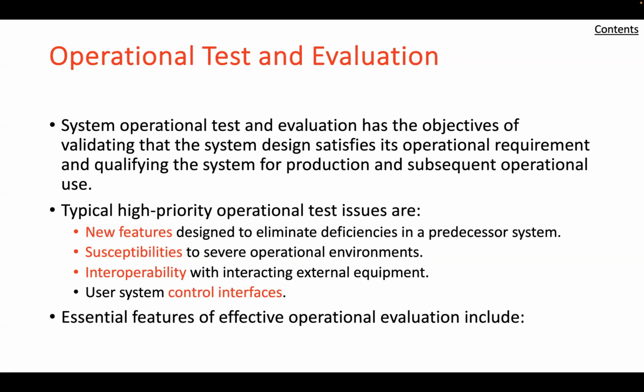And 4, user interfaces, how well the system users and operators are able to control its operations. That is, the effectiveness of the system human-machine interfaces must be determined. This includes assessing the amount and time of training that will be required, the adequacy of training aids, the clarity of displays, and the effectiveness of decision support aids.